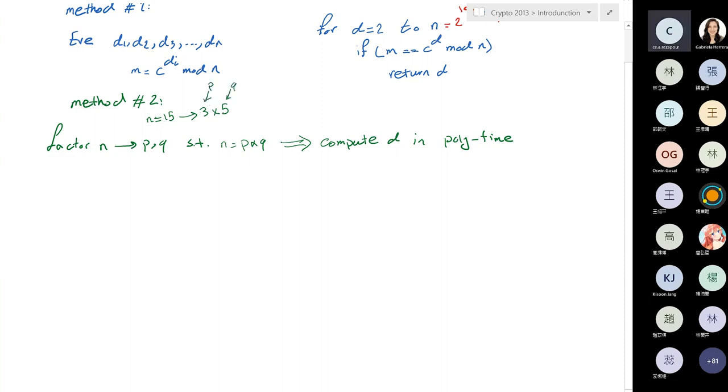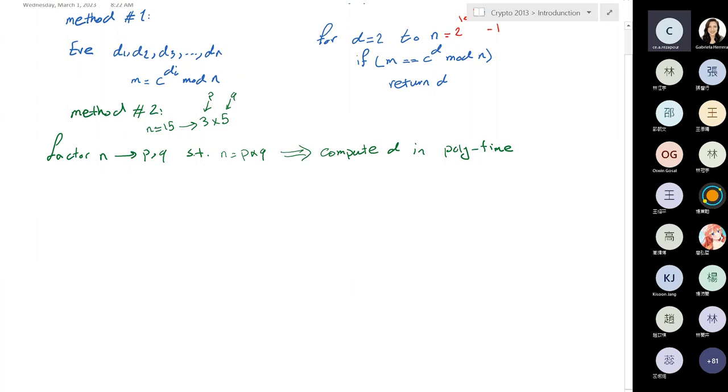It doesn't really matter which one is p and which is q. If we somehow are able to factor n, then we would be able to break the crypto system.